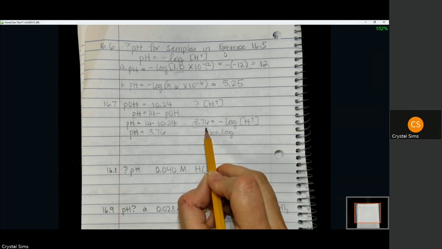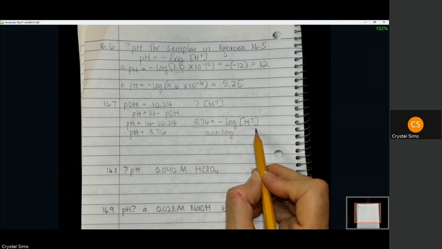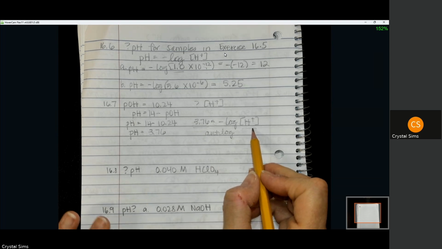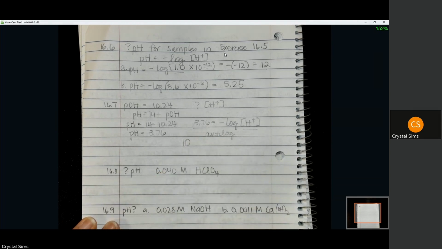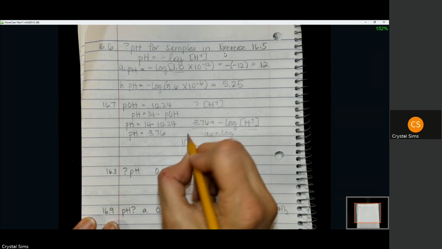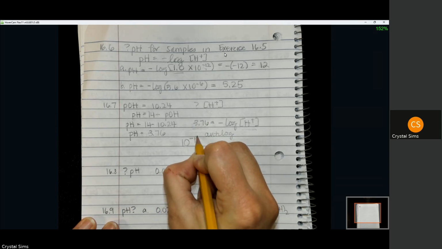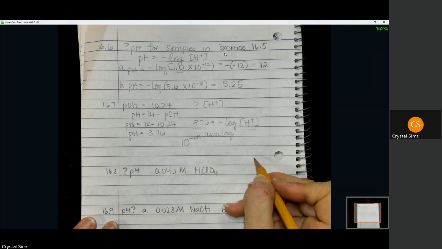So if you know your pH and you're asked to find the hydrogen ion concentration, you're going to take 10 and you're going to raise it to the power of the negative pH. So 10 to the power of negative pH.